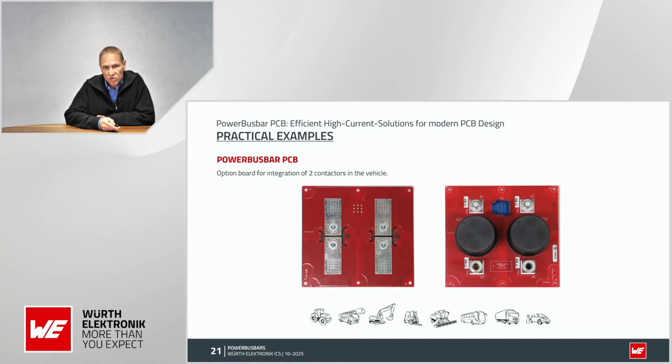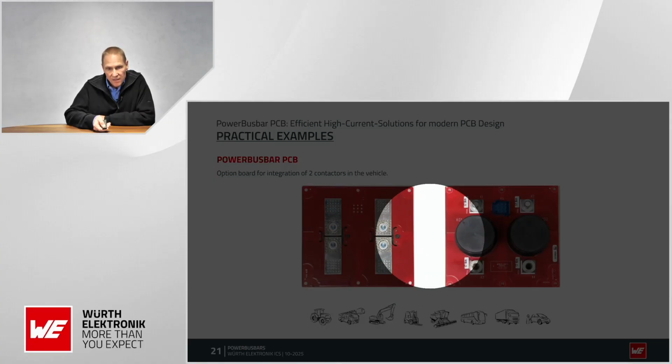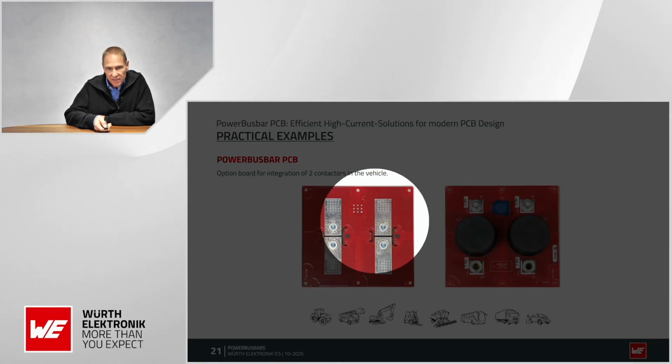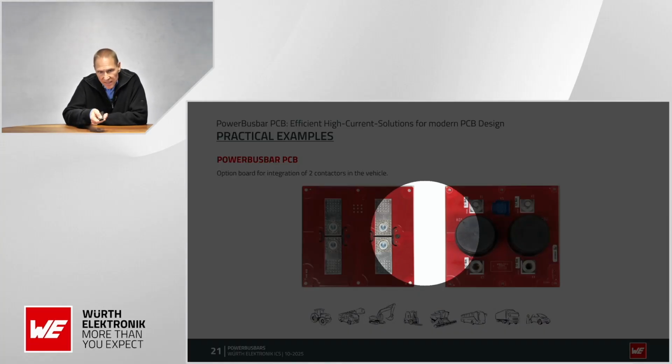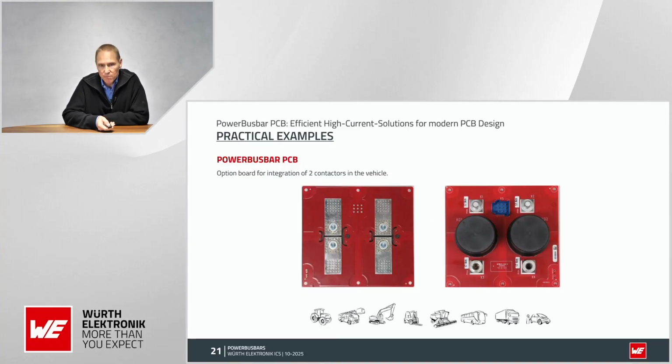This application also shows the input and output of two contactors that are also used in a vehicle. This is a bus application, and here you can see the contactors are directly screwed on the power element that is directly pressed into the bus bar, and so we have only two small high current paths in this complete PCB.